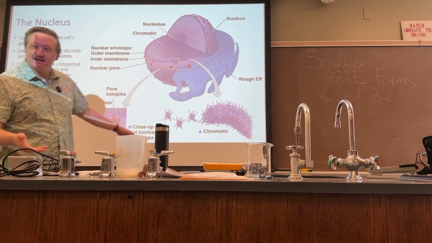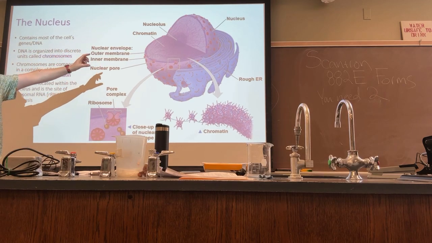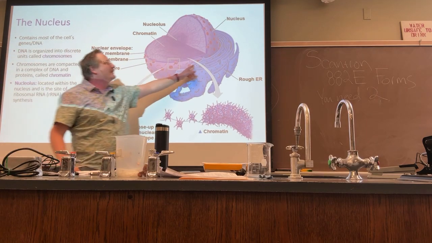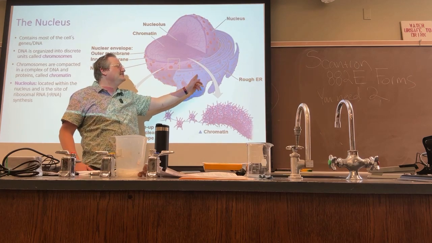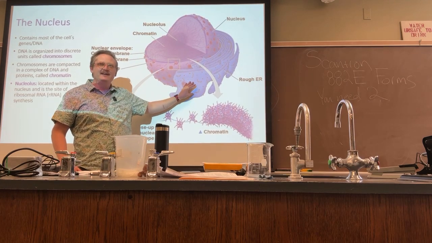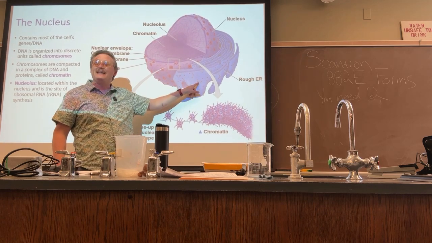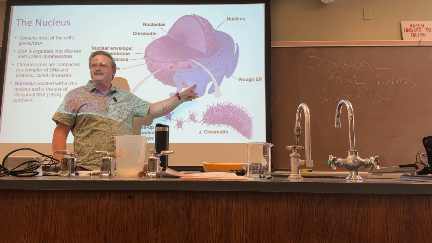So here's the last thing I'll say today. Look at the nuclear envelope, and notice how it's actually continuous with the endoplasmic reticulum. Remember how I told you ribosomes can be embedded in the endoplasmic reticulum?